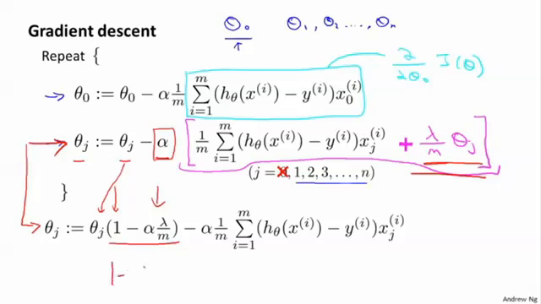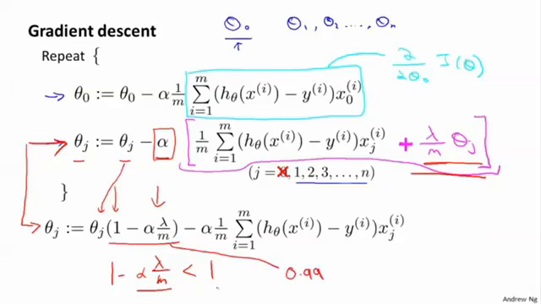Concretely, this term 1 minus alpha times lambda over m is going to be a number that's usually a little bit less than 1, because alpha times lambda over m is going to be positive. And usually, if your learning rate is small and if m is large, this is usually pretty small. So this term is going to be a number that's a little bit less than 1, say like 0.99.